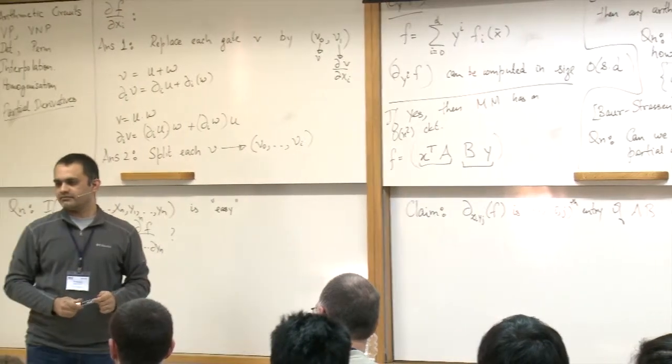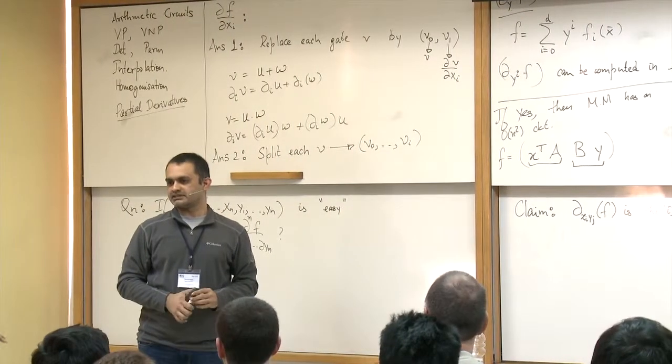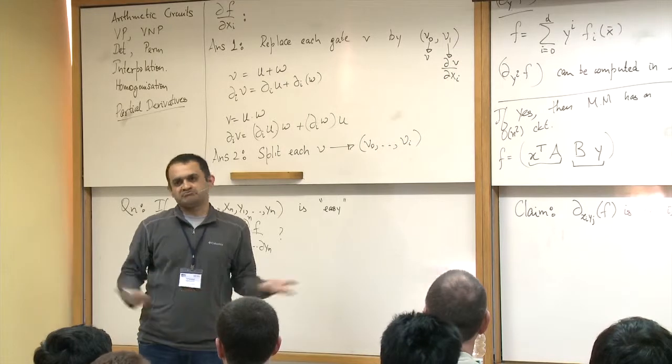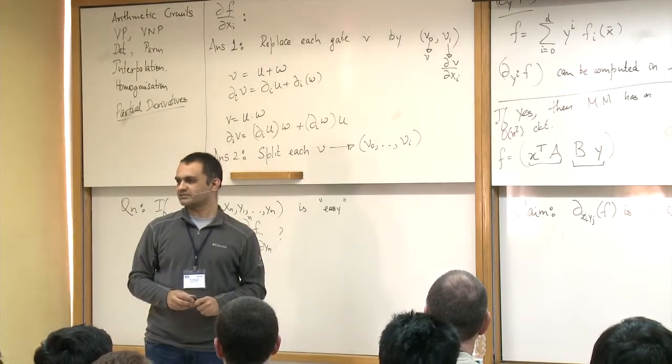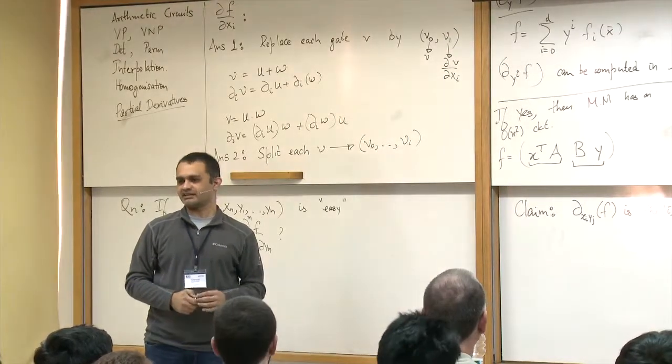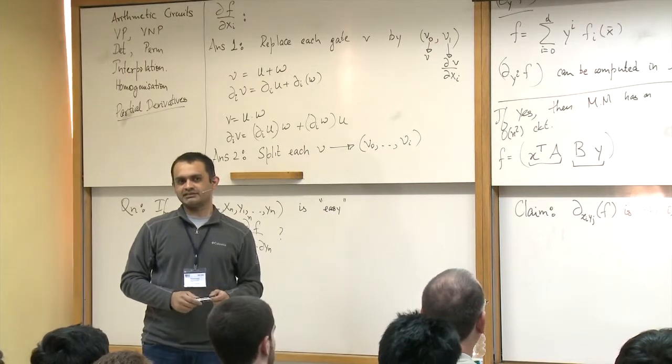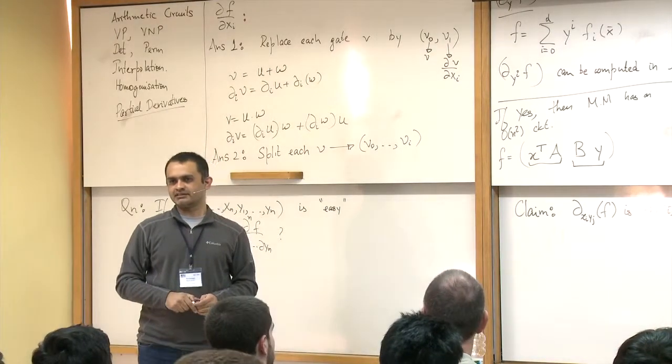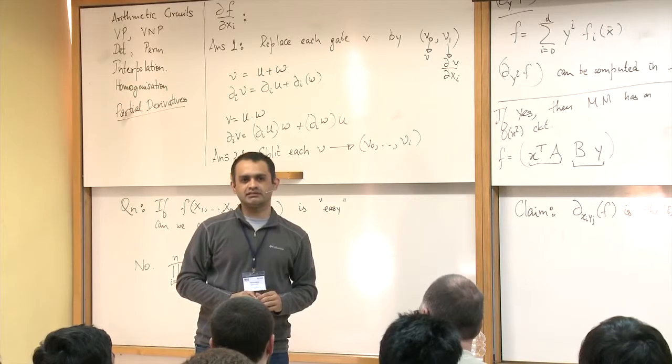So the blow-up would be order s times n. Can we even do s times n to the power 0.9? I don't think it is known. Anything better than s times n is not known.